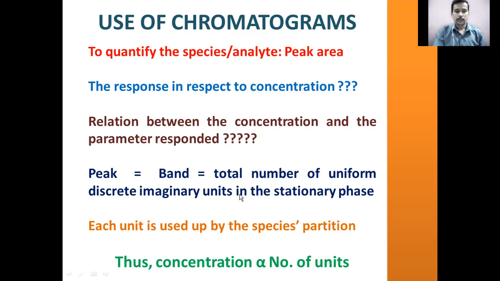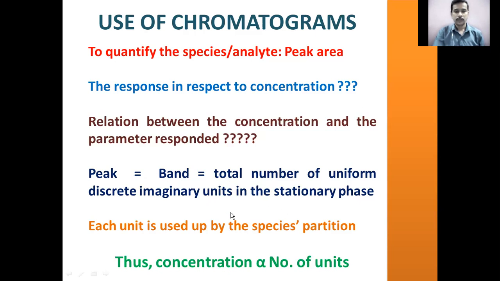So in each band, there will be a finite number of uniform discrete imaginary units in the stationary phase, due to the partitioning or the relative affinity of the solute towards the stationary phase. Each discrete unit is used up by the solute for the partitioning process. So if you have 1000 units, all those 1000 units will be utilized by the solute to undergo partitioning.